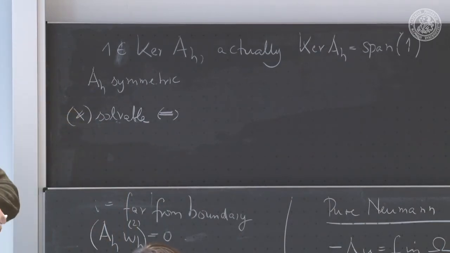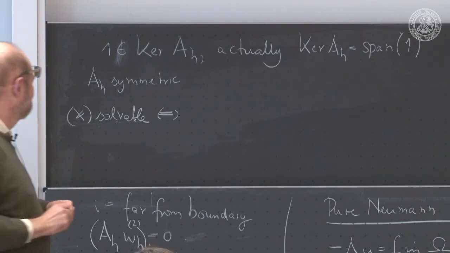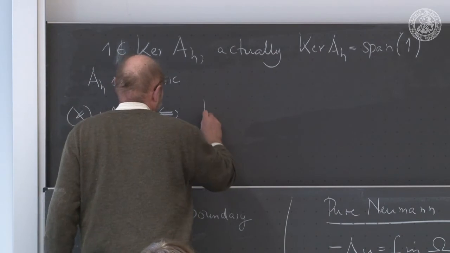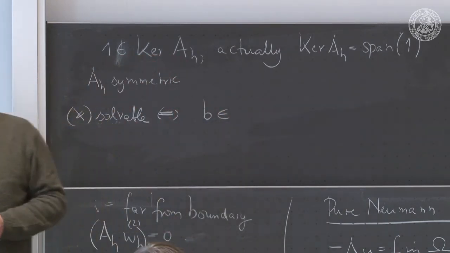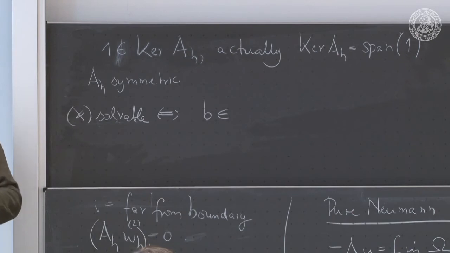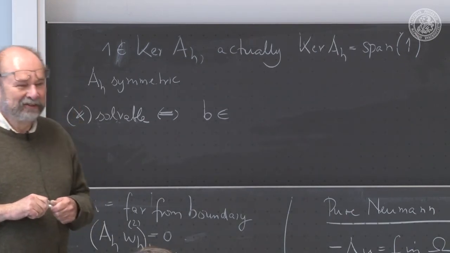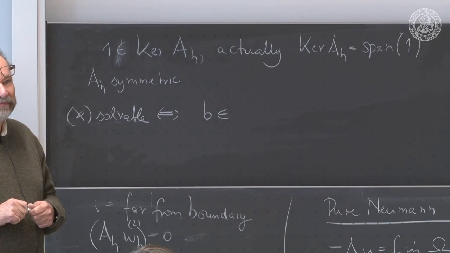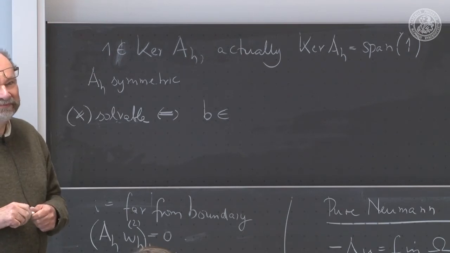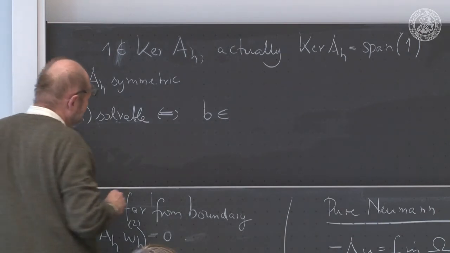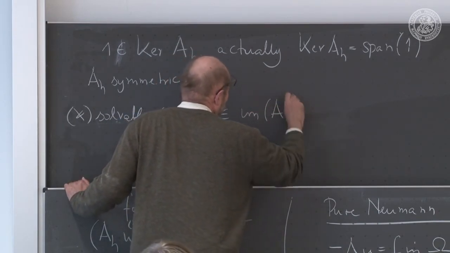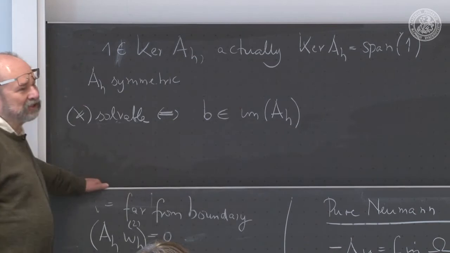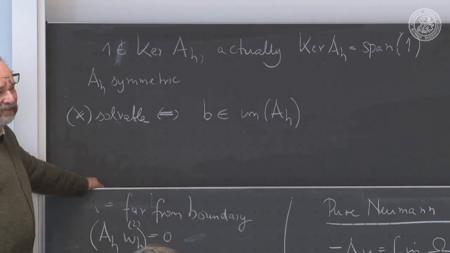What does the right-hand side have to fulfill? That's very, very trivial now. Don't be ashamed to say it. The right-hand side must be in the image of the mapping, isn't it?